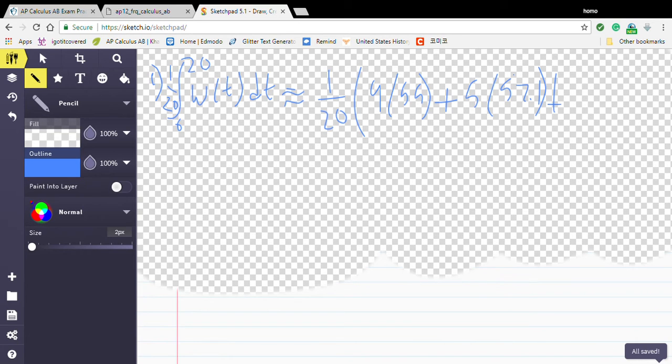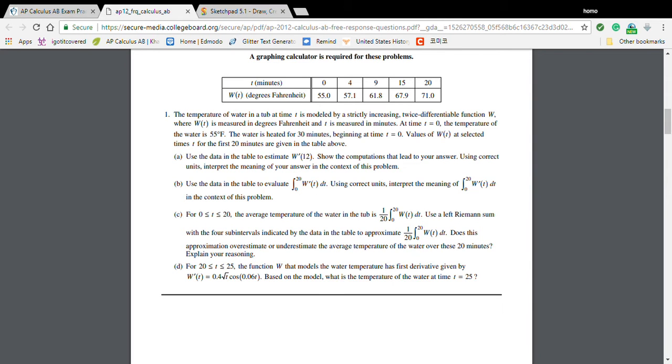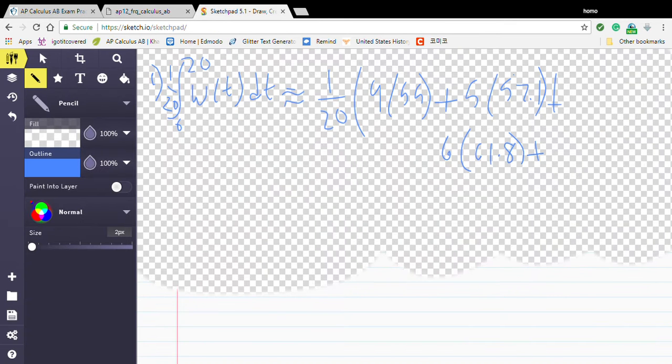plus 15 minus 9 is 6 times 61.8, plus 5 times 67.9.